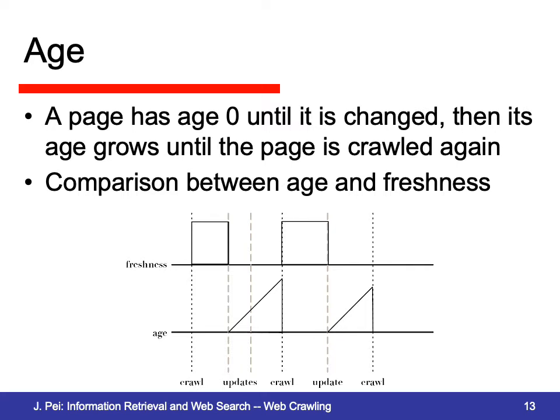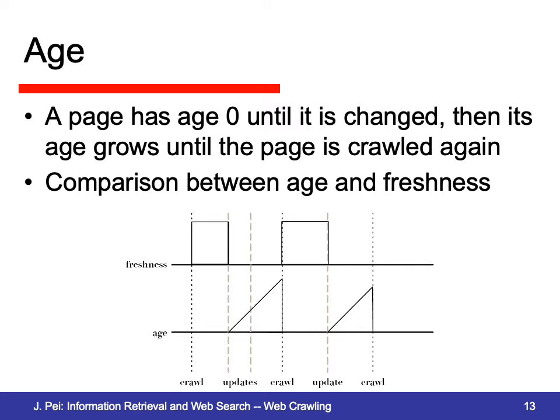So once a page has freshness 1, no matter how many updates it has, no matter how much time it stays uncrawled, the cost to the web crawler is the same. But for age, it's different. The age of a page is 0 until it is updated. Once it is updated, the age increases monotonically until it is crawled again.